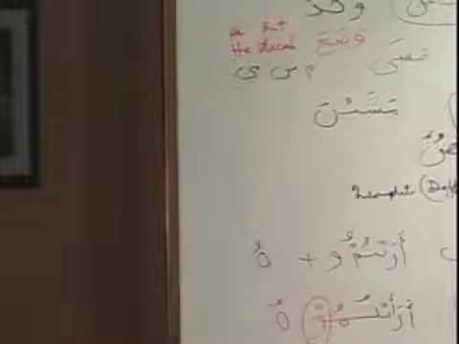Can we conjugate? Ready? Wada'a, wada'at, wada'ta, wada'tu, wada'na. He placed wada'a. She placed wada'at. Ana, I placed wada'tu. You placed wada'ta. We all placed wada'na. Are you with me?